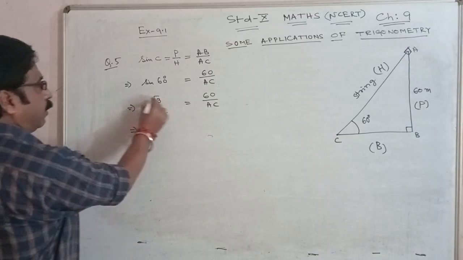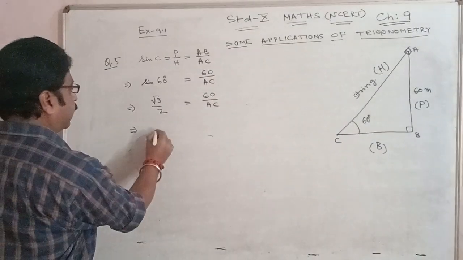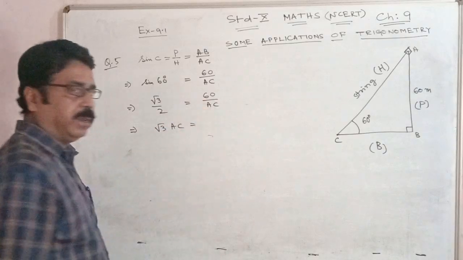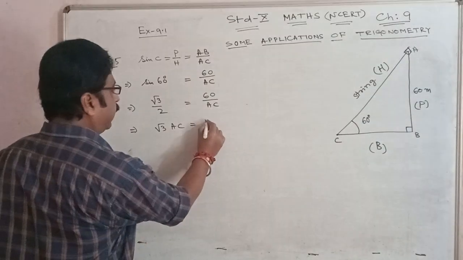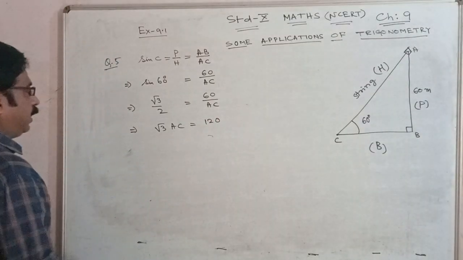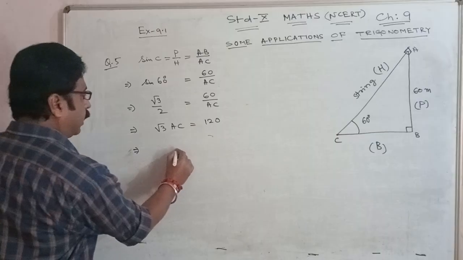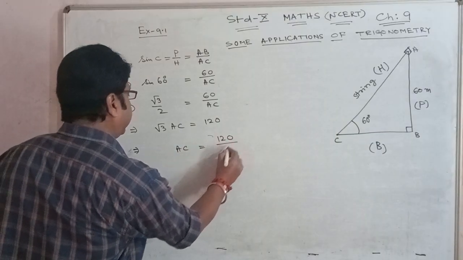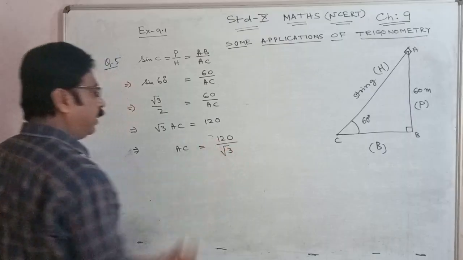Now root 3 into AC cross multiplication, it will be root 3 AC equals 60 into 2, it will be 120. AC equals to 120 upon root 3.